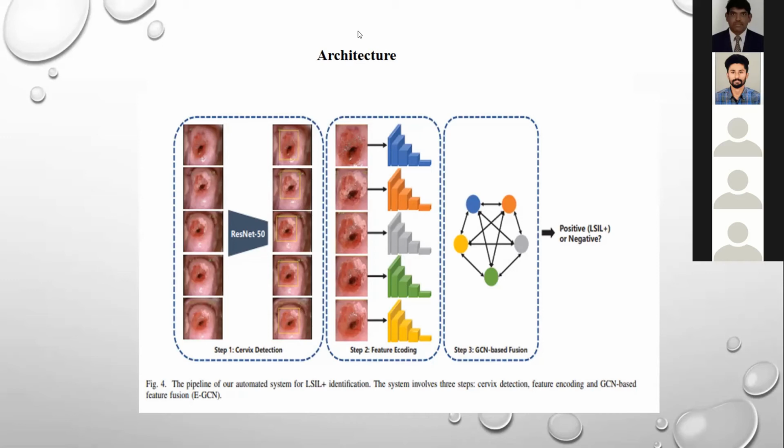The captured images are processed by individual feature encoding networks. And the GCN-based fusion converts them into one, so that it is easy to identify whether the result is positive or negative. It's basically about that.